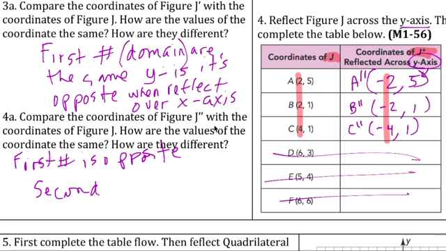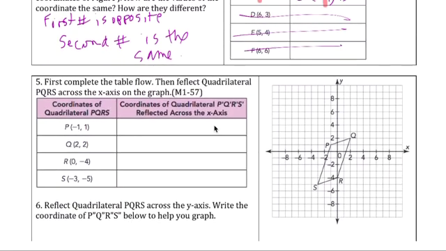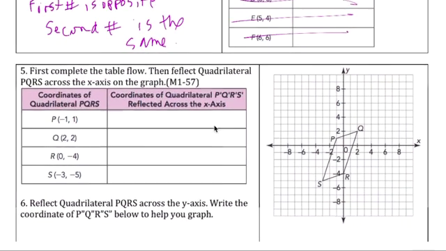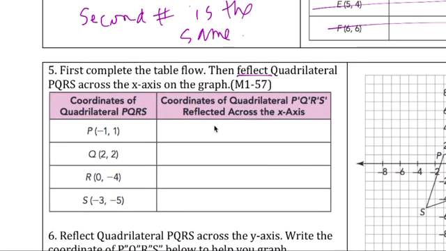It's called domain and range, okay? The first number is the domain, opposite. And the second number, that's the range. The range is the same. Anyway. Okay, oh, I spelled reflect wrong here.